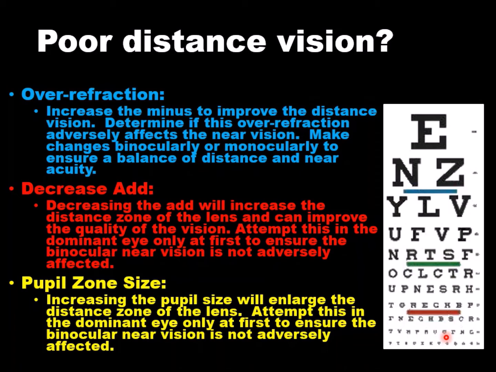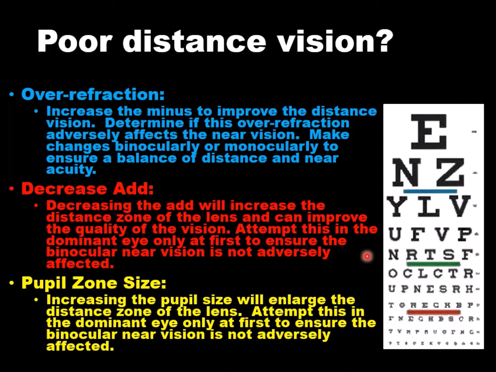only. One of the things that we can do to the lens is to decrease the add, and what this does is it enlarges the distance zone of the lens and creates less power distribution within the pupil. And this can be helpful to improve the distance vision. Normally this is done only in the dominant eye, decreasing the add.